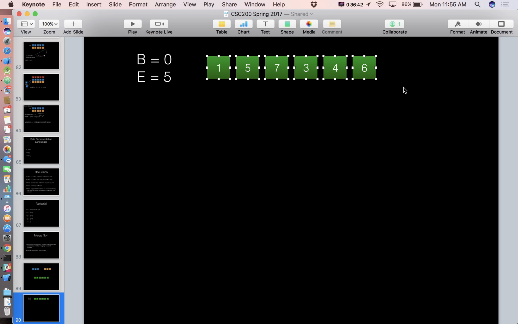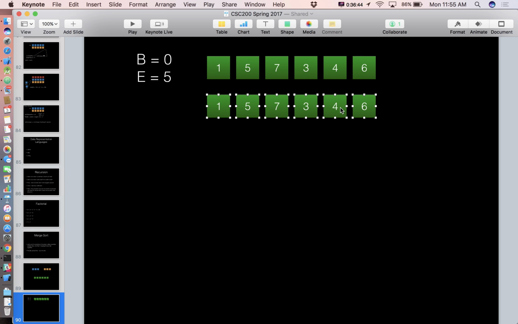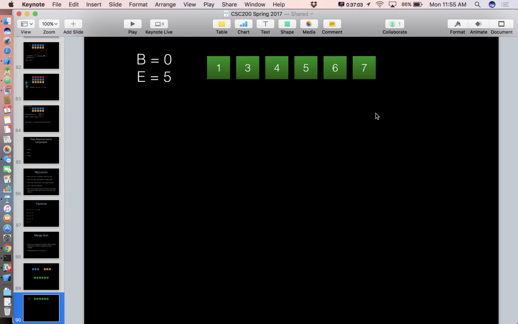We'll have our copy of the list. So this will be 1, 3, 4, 5, 6, 7. We'll copy that stuff back over here. Now our second call to merge sort ended. We did our final merge step, and our list is now sorted.